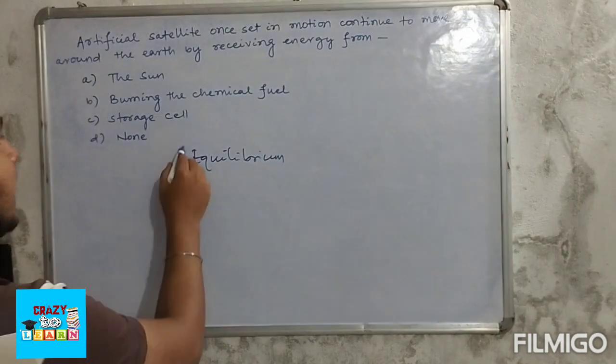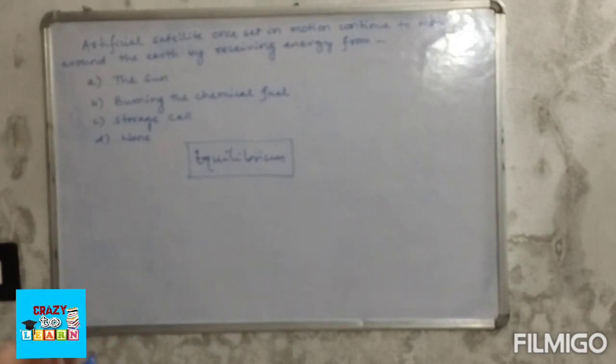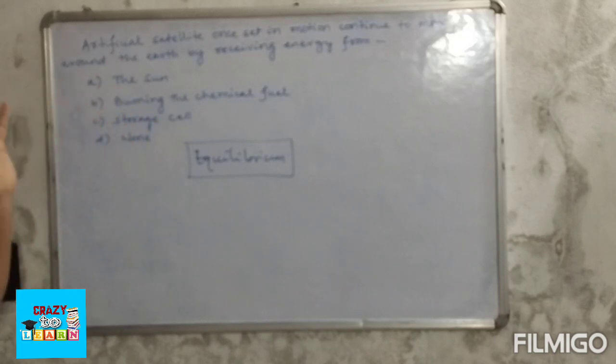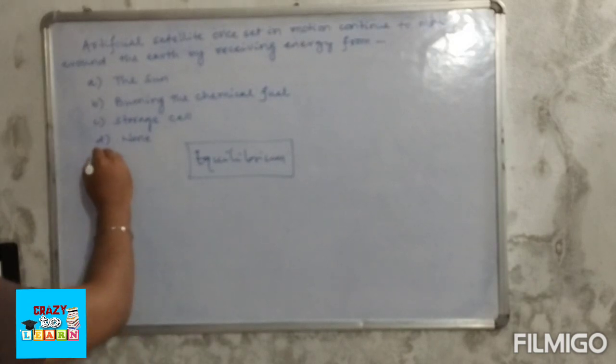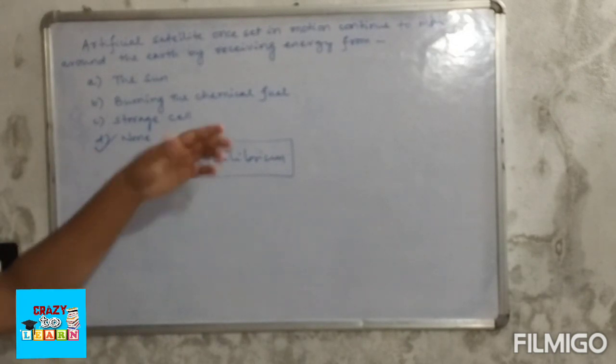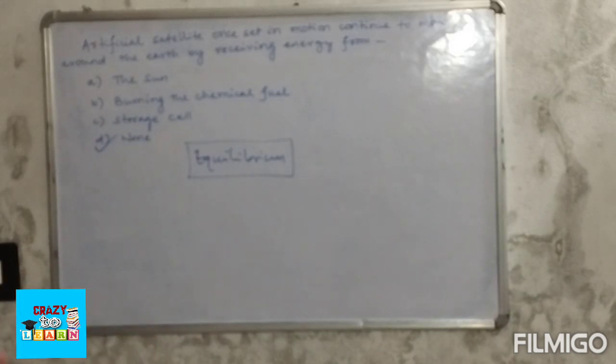In the case of equilibrium, the satellite does not need any source to receive energy, neither from the sun, nor from burning of chemical fuel, nor from the storage cell. So which is the correct answer? None. Once the artificial satellite is set in motion in the orbit, it does not need any energy from any source. Clear?